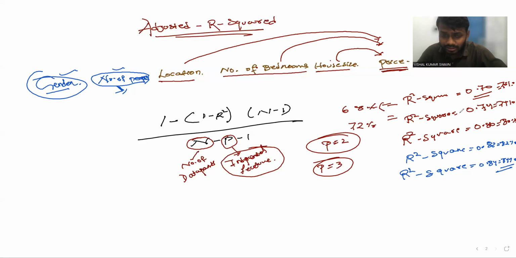So for this case the adjusted R square is near 78%. If an unimportant feature is added, it will not increase the accuracy. This is the point.